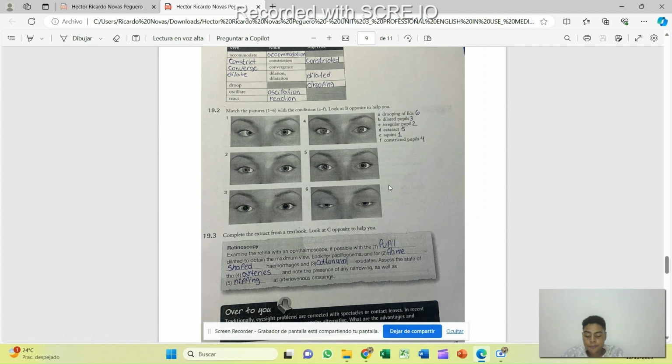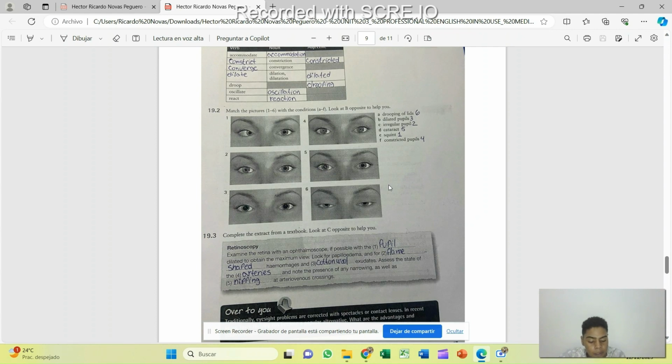19.2.3 Complete the extract from a textbook. Retinoscopy. Examine the retina with an ophthalmoscope, if possible with the pupil dilated to obtain the maximum view.